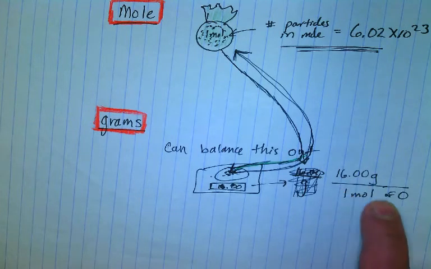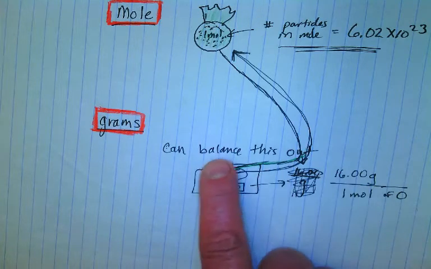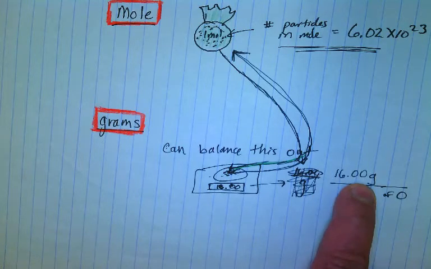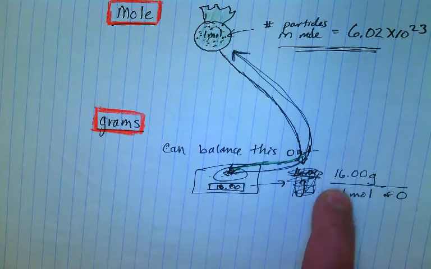And I put oxygen atoms in the sack. I put 6.02 times 10 to the 23rd oxygen atoms in my little Ziploc bag. I put the Ziploc bag on the scale, and the scale reads 16 grams. So 1 Ziploc bag, or 1 mole of oxygen, has a mass of 16 grams.